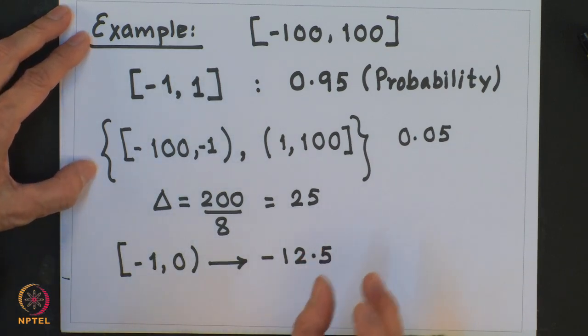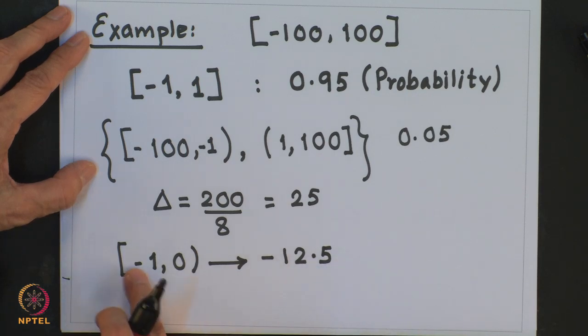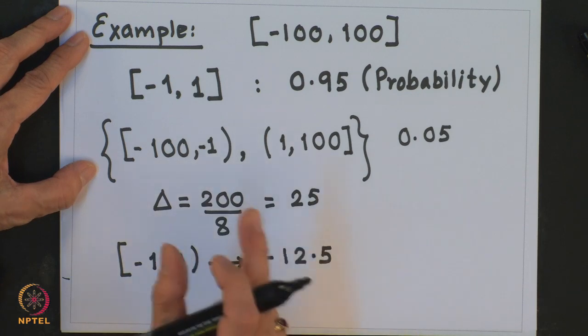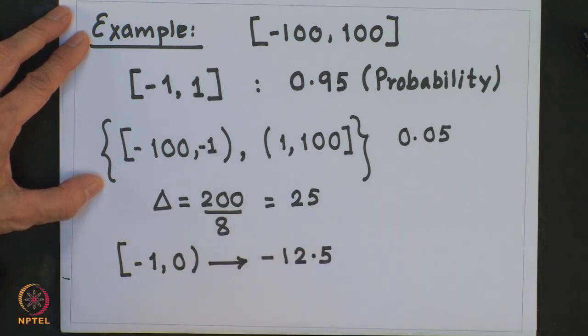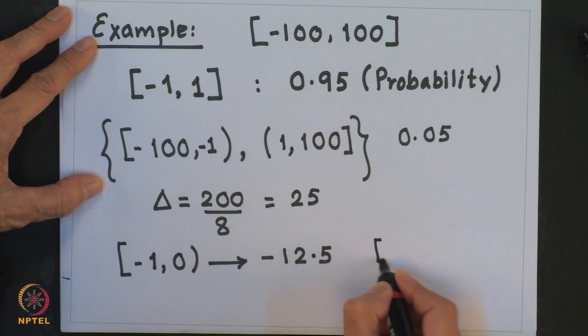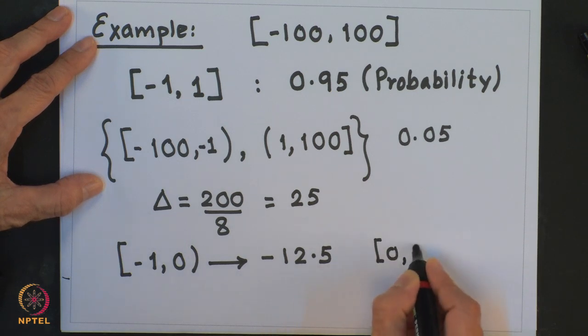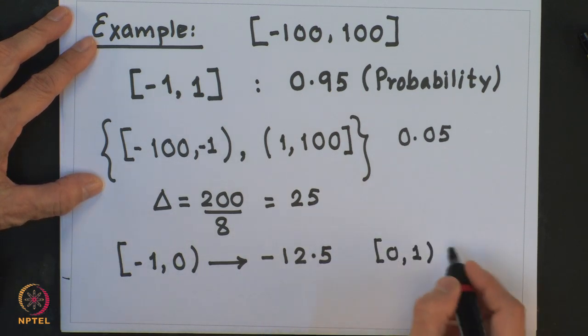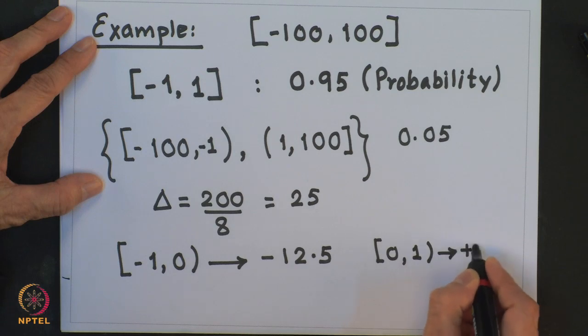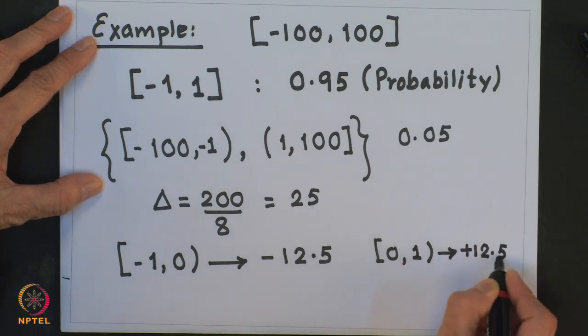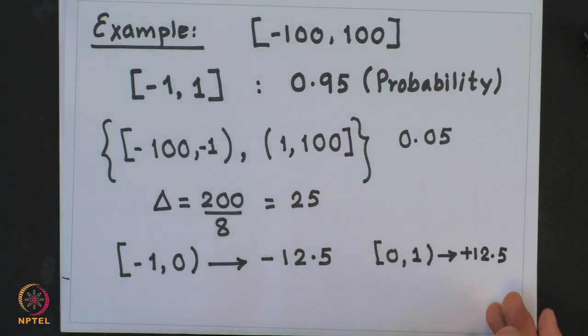So, the midpoint of the interval is 12.5. So, on this side, between minus 1 to 0, it will fall in that first interval on the left hand side, and similarly for 0 to 1 values, these are going to be quantized to plus 12.5.